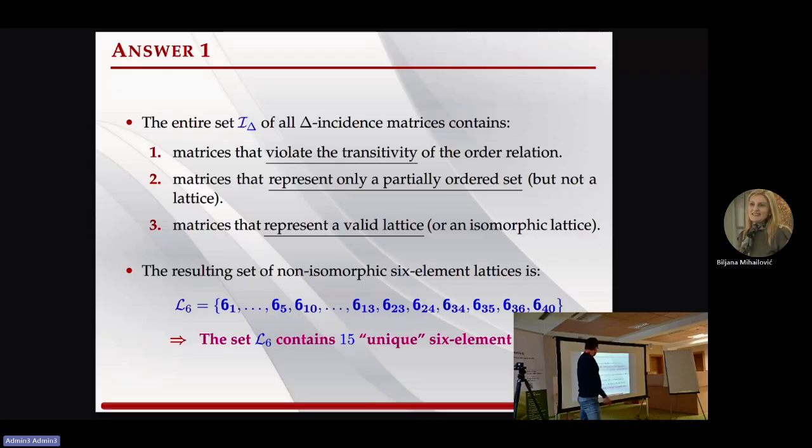The third problem is very hard because if we take all matrices that represent the same isomorphic lattice, which matrix is the right one? We don't know. But the computer does. Yeah? The computer finds the right matrices. So we have these 15 unique non-isomorphic lattices.